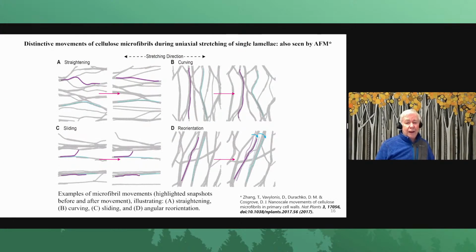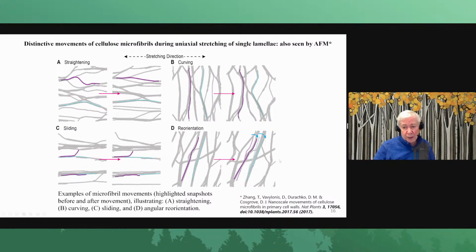In the coarse grain model, we were particularly struck by certain kinds of changes in the cellulose microfibrils, and they're detailed in the paper. But we were attracted to those because a few years before, we had made actual experimental observations of cellulose microfibril deformations during stretching experiments.